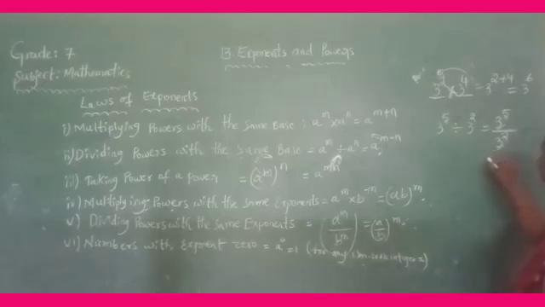How can you write this one? 3 to the power of 5 minus 2. For the two exponents, 3 is the common base. That is 3 to the power of 5 minus 2. It is equal to, 5 minus 2 is 3, so 3 cube. Okay, children?